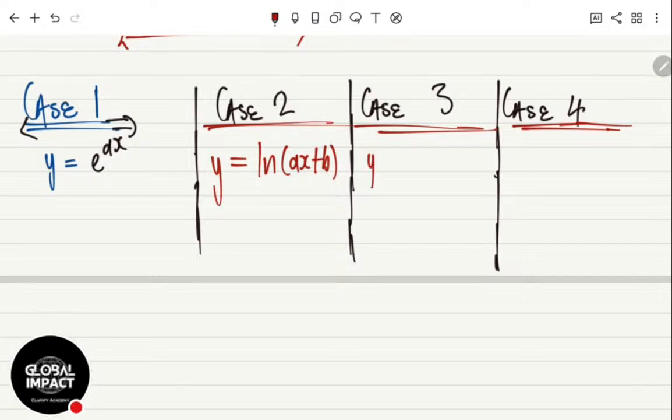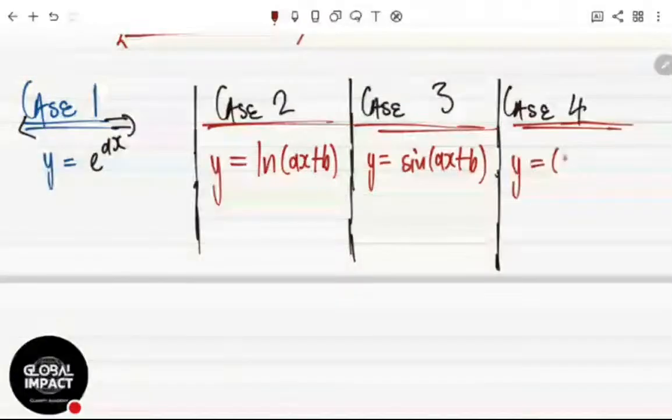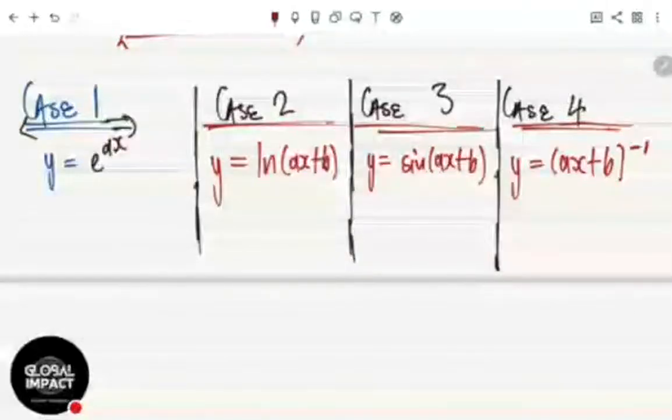You now have y being equal to sine of ax plus b. It could be sine just ax, sometimes b is not there. Then here is ax plus b to the power of -1. It could be to any power, but the one which you're going to be meeting for your work is to the power -1.